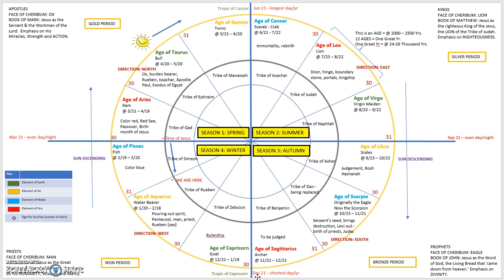And the reason is because when the sun ascends, it increases in daytime to make it the longest day of the year. And when the sun descends, then it comes to the shortest time that day is available.